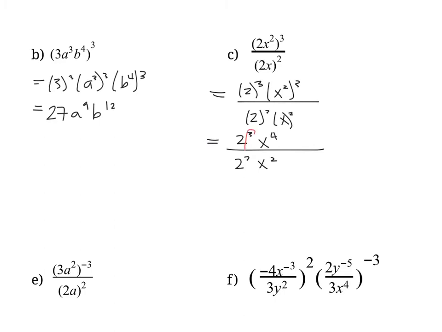So I have 2 to the power of 3 divided by 2 squared. So I know that I can just subtract those exponents and I'll be left with 2 to the power of 1. And then I know that these two terms, x to the power of 4 and x squared, have the same base and they're being divided, so I can do the same and subtract both of those exponents and I'll be left with x to the power of 2.